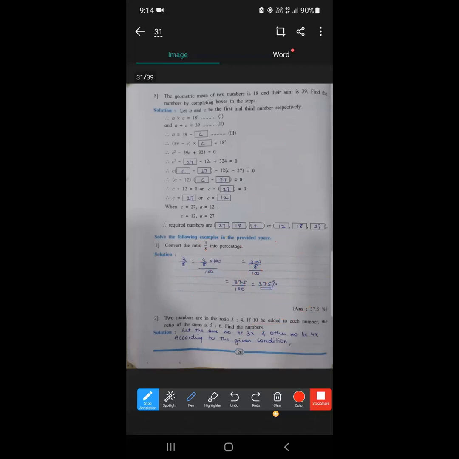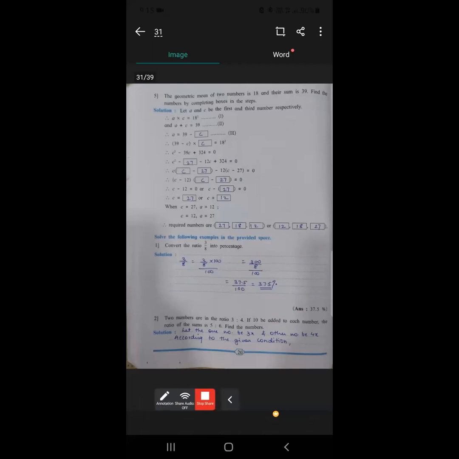If I multiply by the constant, as I just told you, that is x, since we don't know the number and need to find it, let the first number be 3x and the other number be 4x.